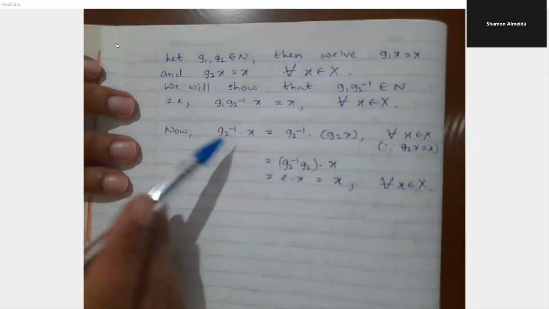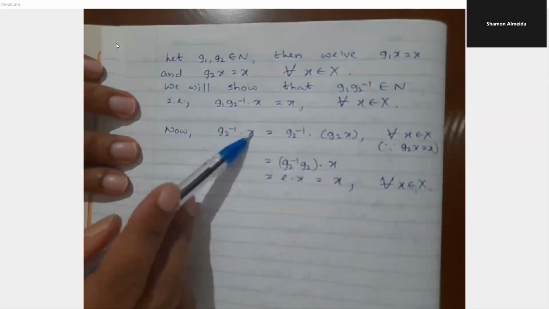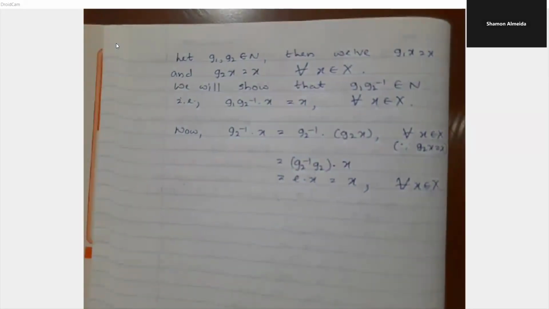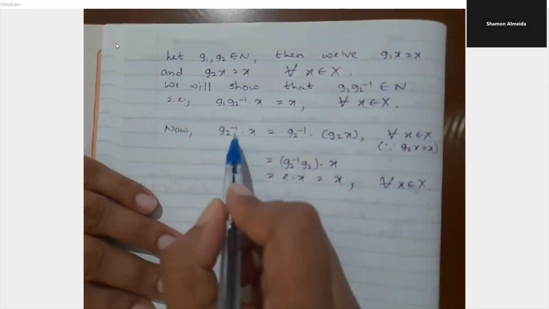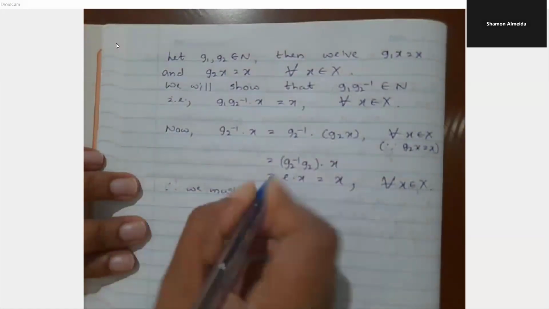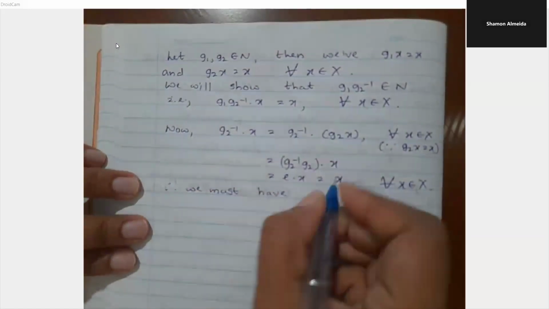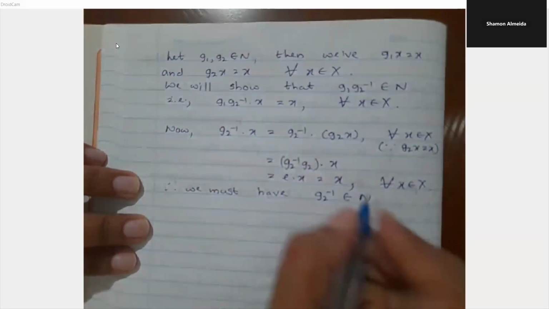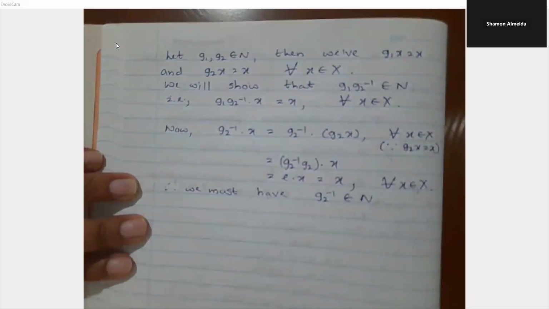So now we have G2 inverse dot X equal to X for any X from the given set. By definition of the set N, G2 inverse must also belong in N. Right? G2 inverse also belongs in N.